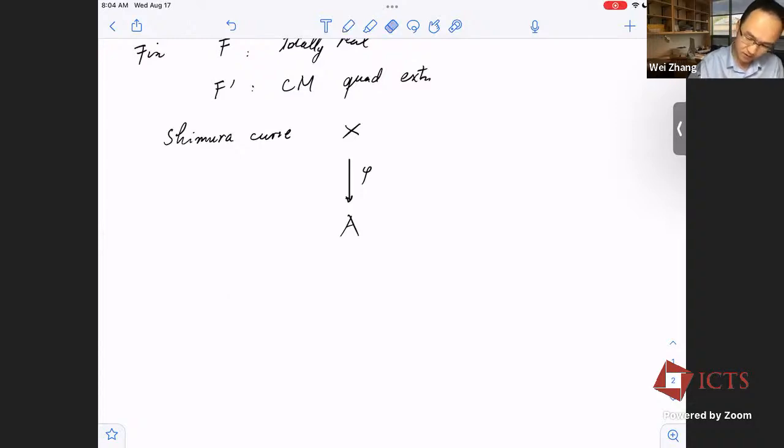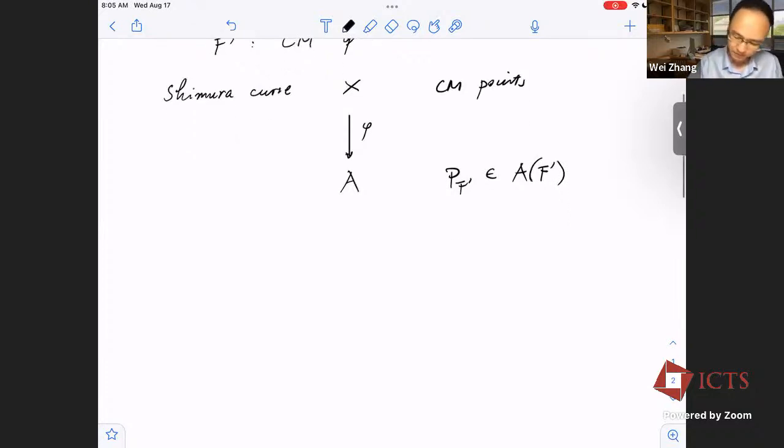So let's say I have a point P attached to F prime, defined over some abelian extension of F prime. Then I take the trace, so I get the point defined over F prime.